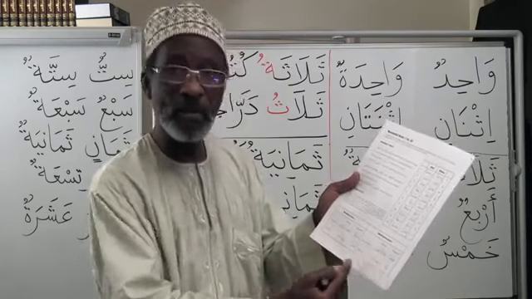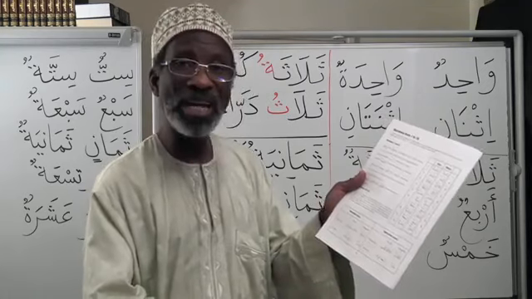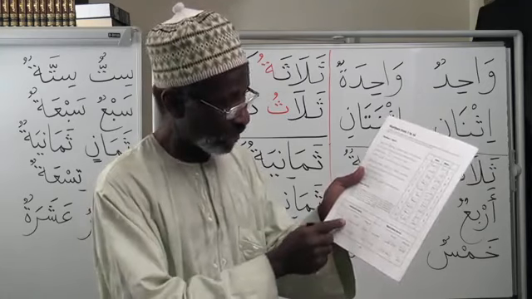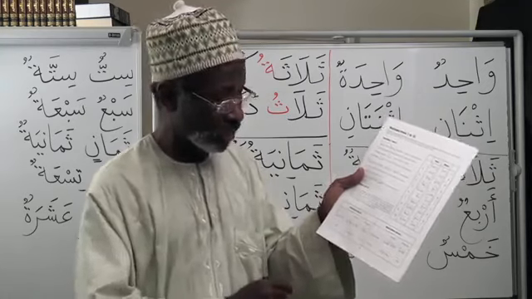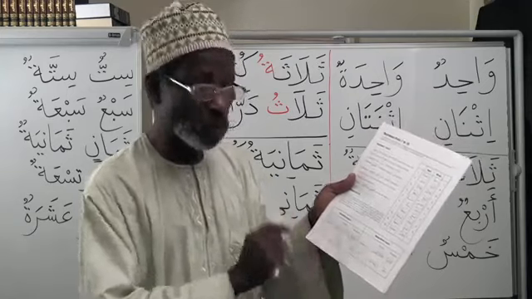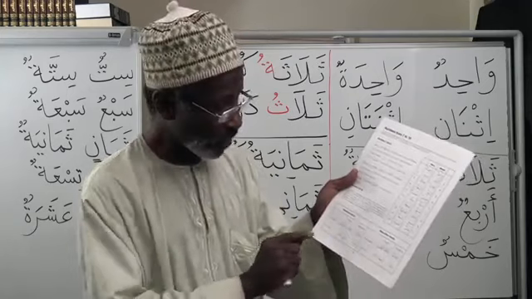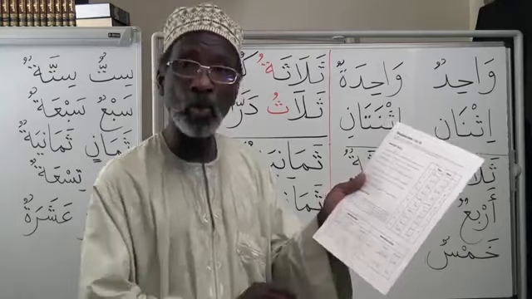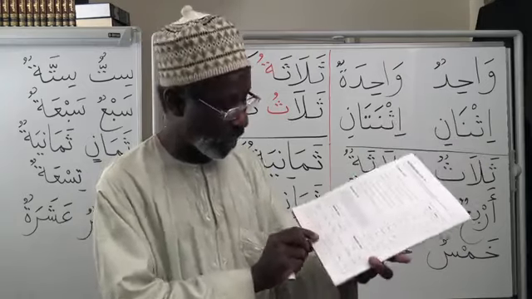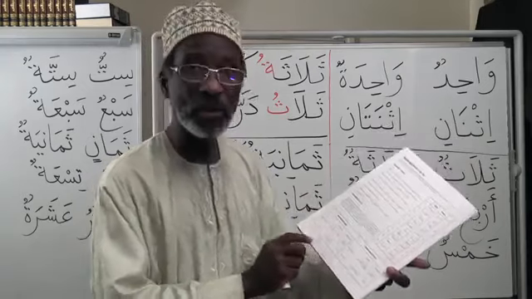We're using the feminine version of number 3 and number 4. And thalathu sayyaratin, 3 cars, we're using masculine because we're counting feminine. 4 girls, arba'u banatin, we're using masculine because we're counting feminine.